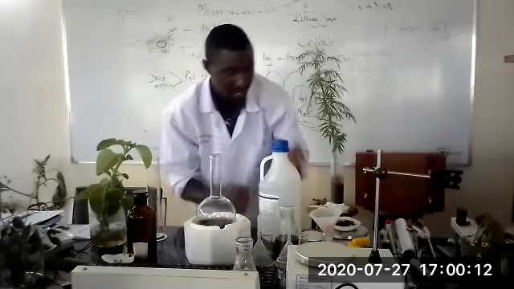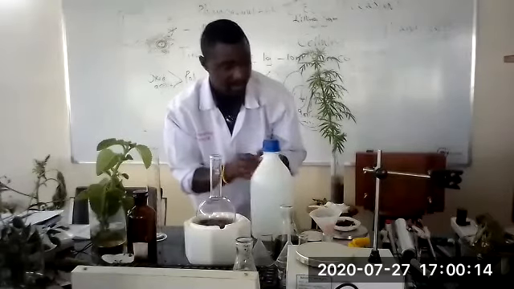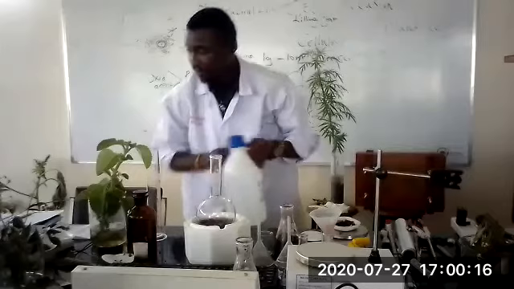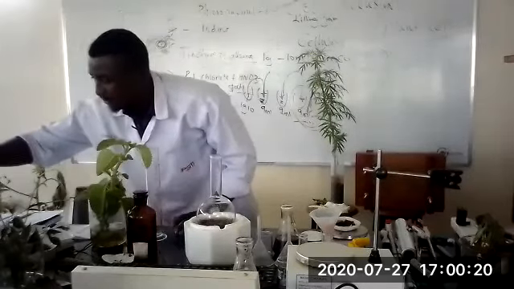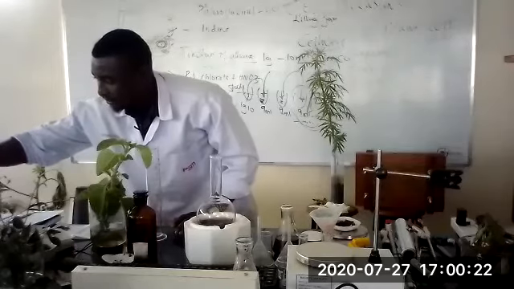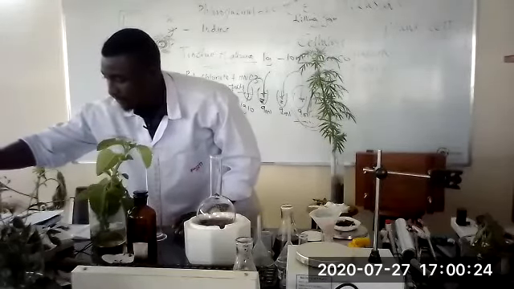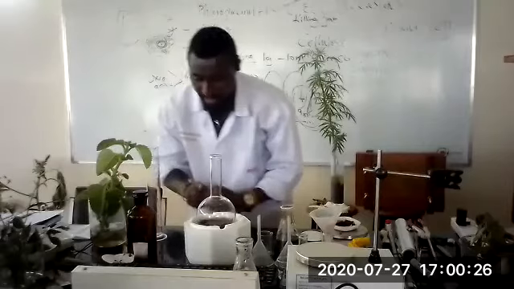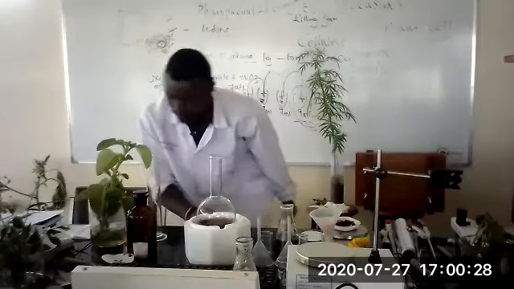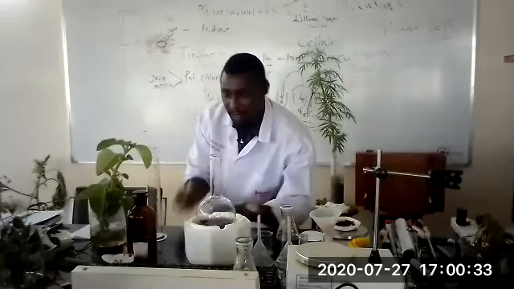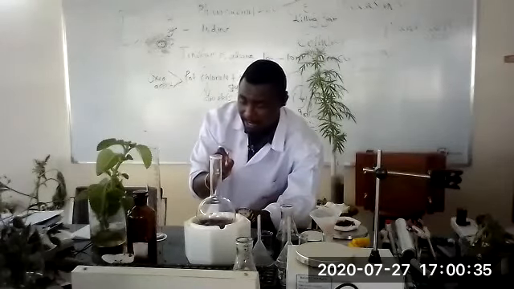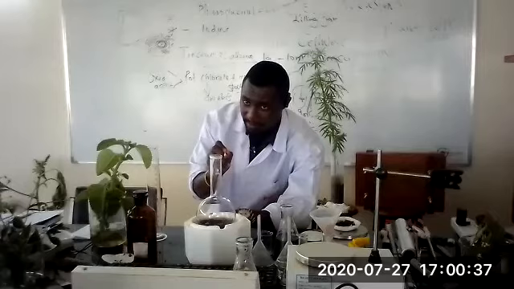Then when you have done that, you keep away the solvent you have used in extraction and now do what is called labeling. Label the extraction process you are carrying out.